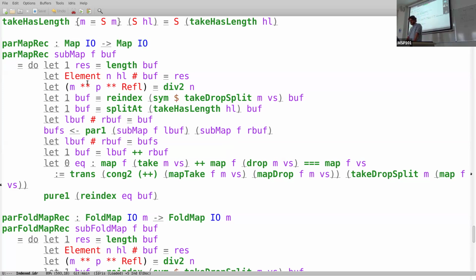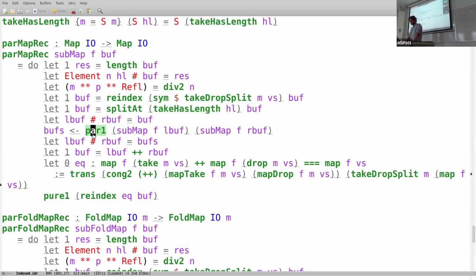What it does is that it grabs the length of the buffer, divides it by 2, and then splits the buffer into the 2 halves corresponding to, provided by this divide by 2 function.